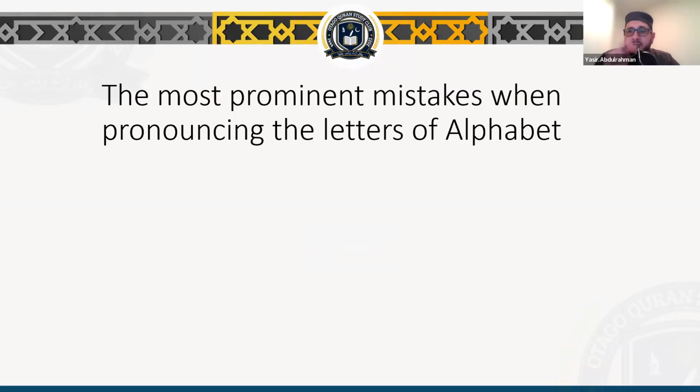These sister letters from very close articulation points, like the Hamza and the Ain, the Ha and the Ha, the Kha and the Ghain, are coming very close to each other, so they could easily get mixed up, and the difference between them becomes very unnoticeable. The way you fix it is by practicing.